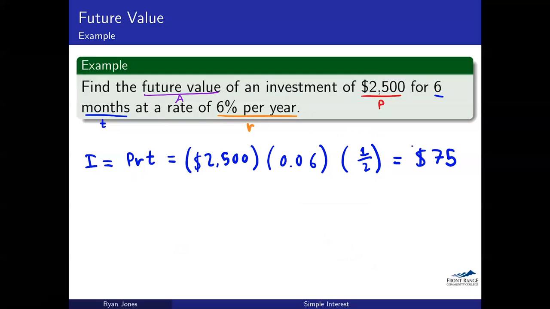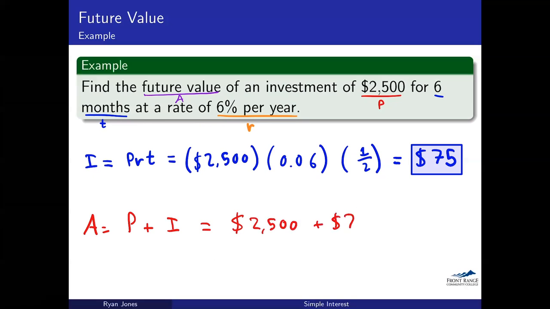Then to wrap things up, we can calculate the future value, which is just A equals P plus I. It's just how much I started with plus how much extra I have because of interest. So I would take my 2,500, add 75, and I would end up with a nice $2,575.